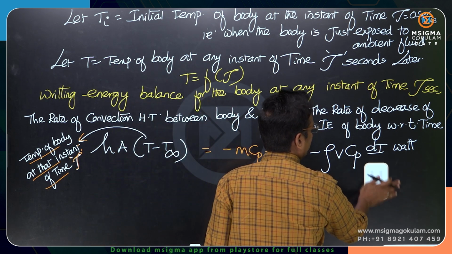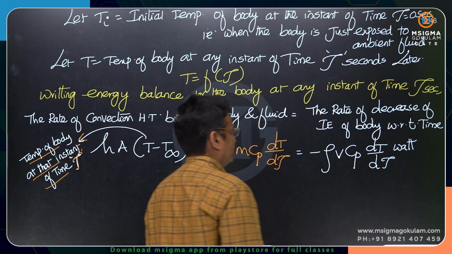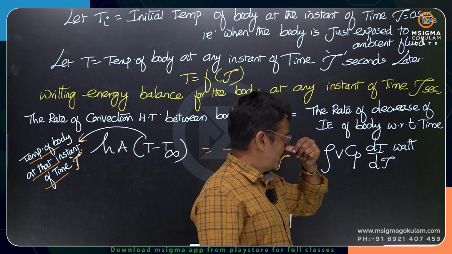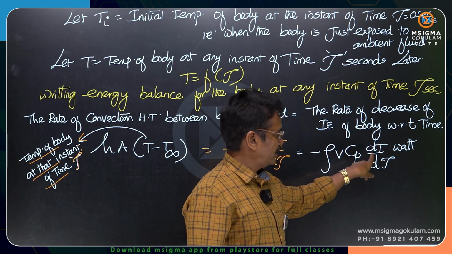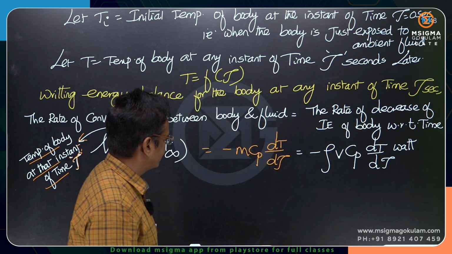Tau is the symbol for time. This minus dT by d tau, you can call it the rate of cooling of the body in Kelvin per second.